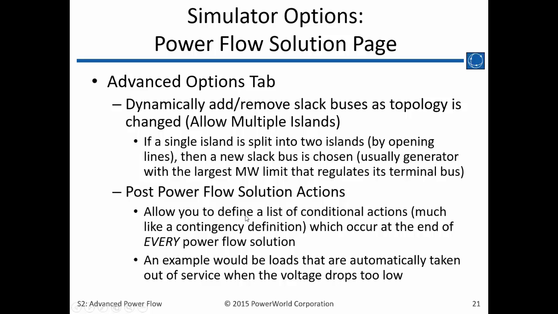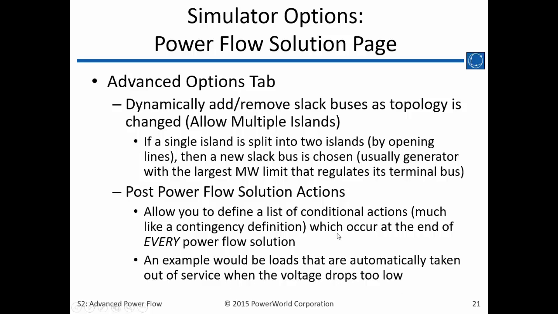So if there's something that you want to be evaluated at the end of every solution, and perhaps a line, for example, that you want to be opened if the flow exceeds a certain amount, you could have a power flow solution action defined that says if the flow on line X exceeds 50 MVA or 100 MVA or 500 MVA, that it will automatically open that line and resolve the power flow for that condition. There's also, for example, if loads should automatically be taken out of service when voltage drops too low. That's probably more realistic use of it.